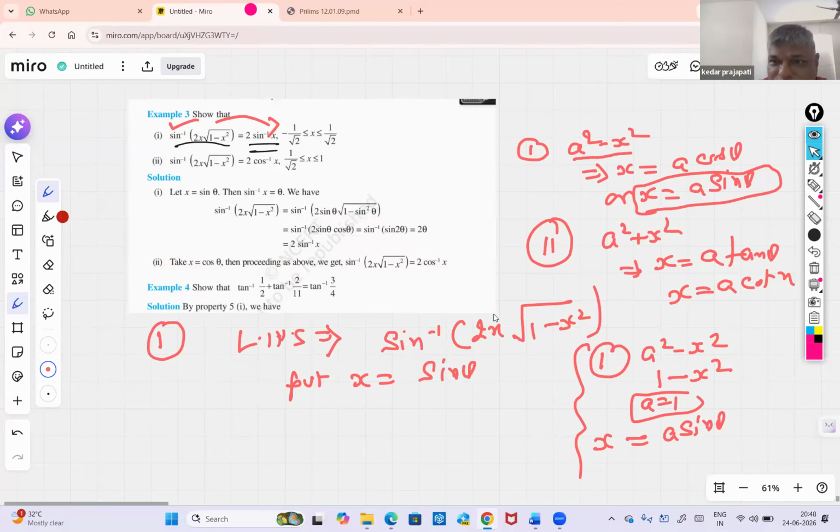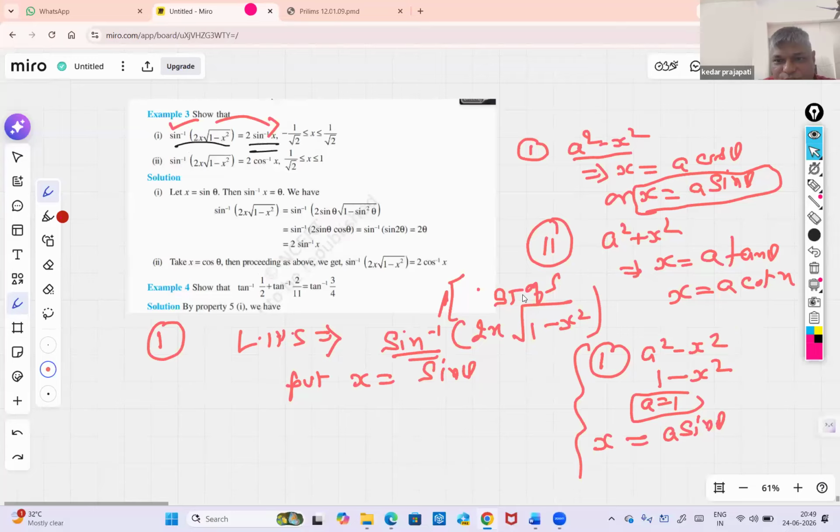I could have taken cos theta also, because outside it is sin theta, so inside the bracket I also have to bring something of sin theta. Then only the sin inverse will get cancelled.